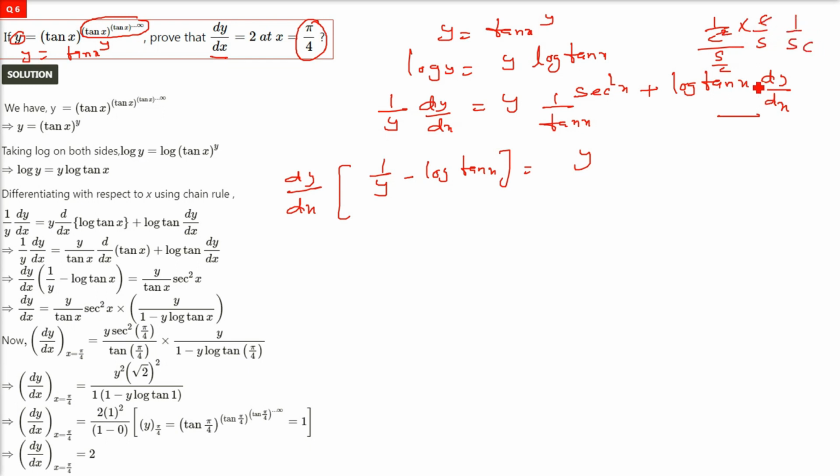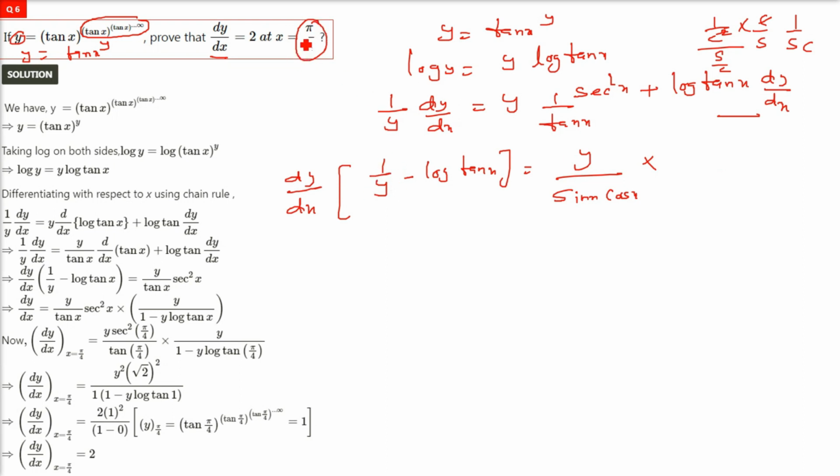So you will get 1 by sin x cos x. You can keep it like that, or you can keep sec square x by tan x also, because we know the value of those at pi by 4. I'm just writing it as sin x cos x. It doesn't matter actually, because I know the values of sin and cos easily and people know them very well. That's why I just kept it like that.